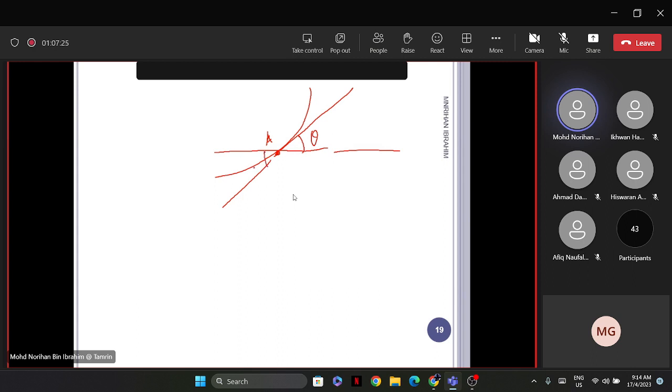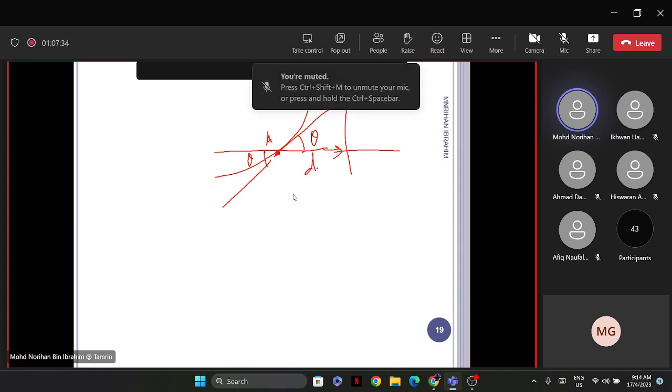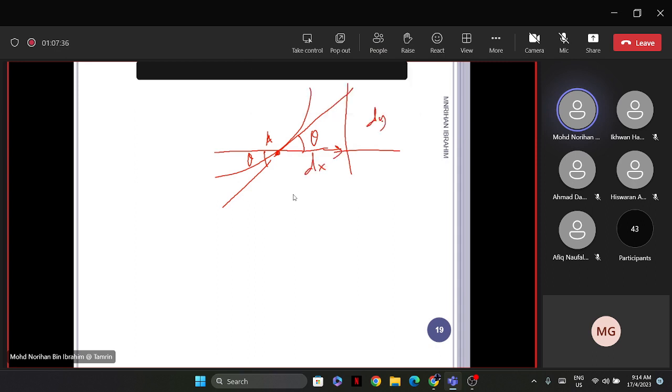So in this case, this one is also theta. This is dx, this is dy. Okay. So if you look at this illustration, tangent theta is equal to dy over dx. Theta is equal to tangent inverse of dy over dx.